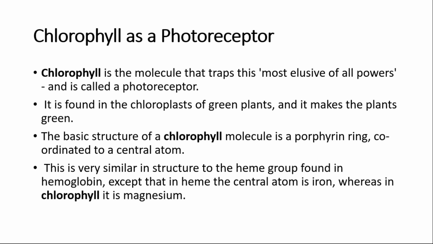However, the chlorophyll can actually trap the energy, and they are the photoreceptors of the plant. Chlorophyll is generally found in the chloroplast, which is an organelle in the cytoplasm of plants, and it makes the plant green. The basic structure of chlorophyll, as you will see, is made up of four porphyrin rings, which are coordinated to a central magnesium atom.